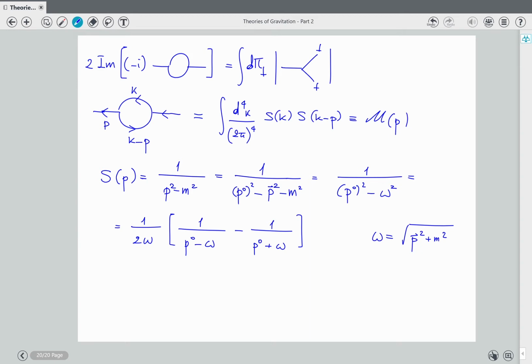We will ask ourselves where this function M of P is analytic, and it will be non-analytic only when the external particle can produce the internal particles, not as virtual ones, but real ones. So unitarity: the places where the amplitude is non-analytic tell you about a physical process that is possible, that can occur.